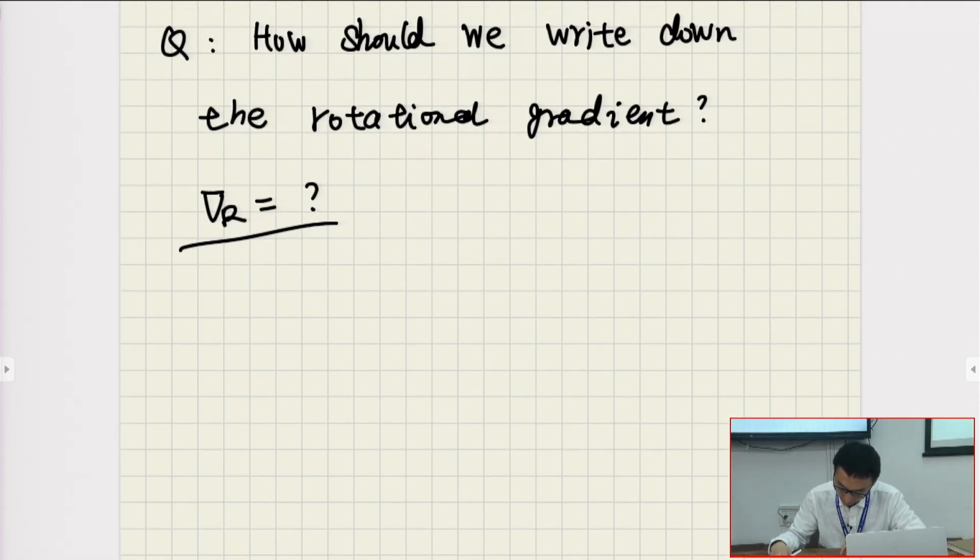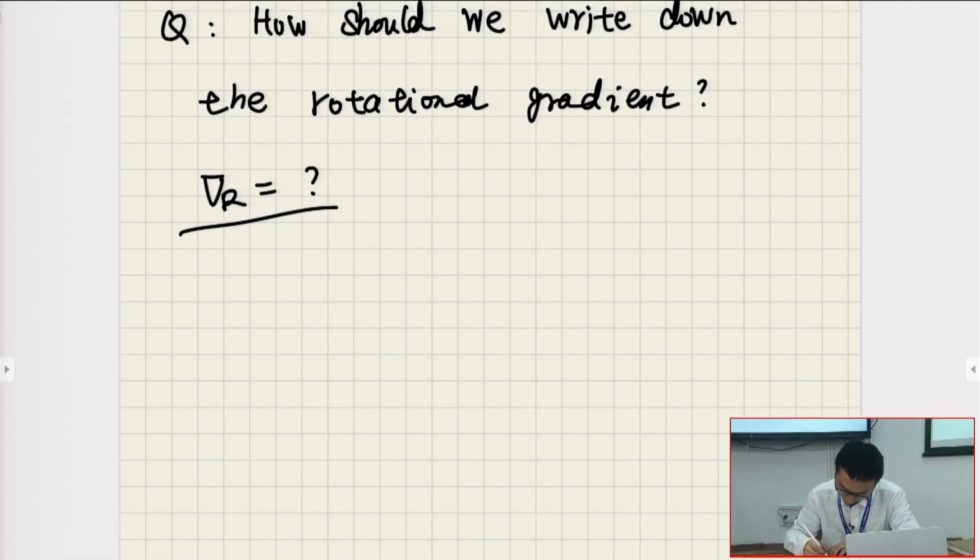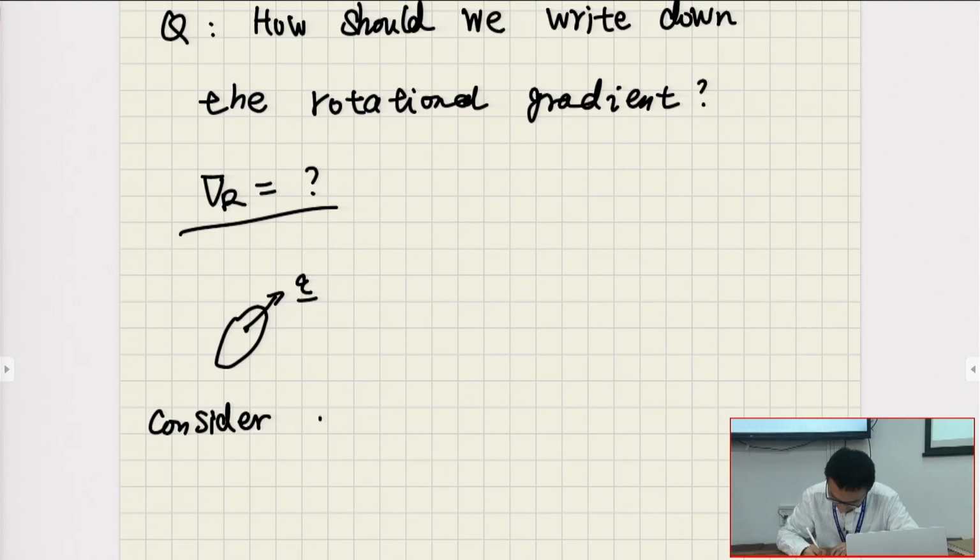Okay, so to do that, let's think about a particle like the one we're looking at, which has a body fixed coordinate. So if I apply an external torque on this particle, I'm going to rotate it, okay? So let's consider a torque.